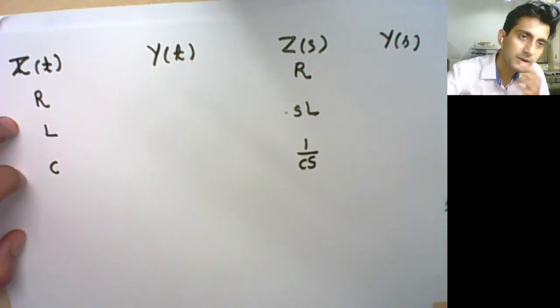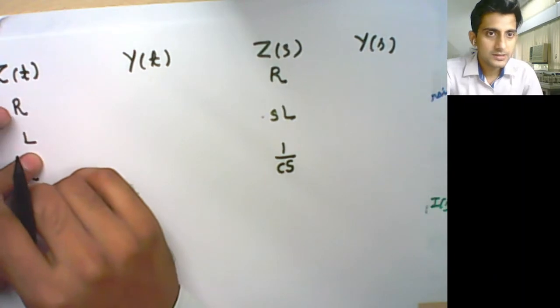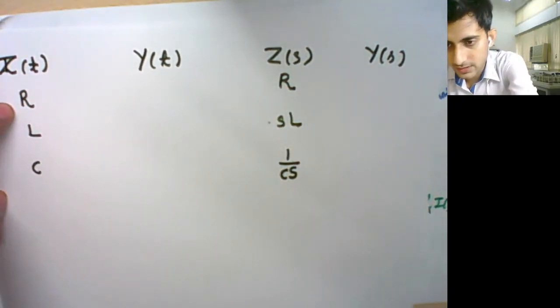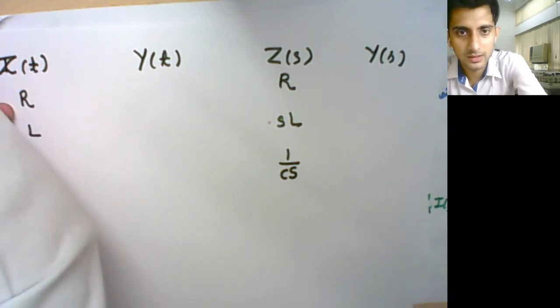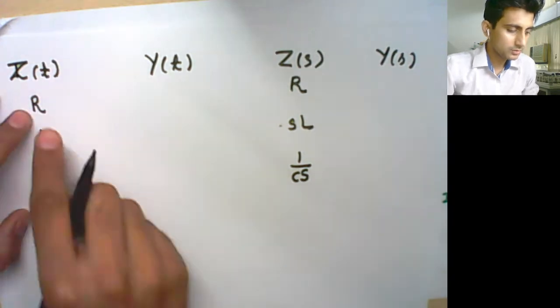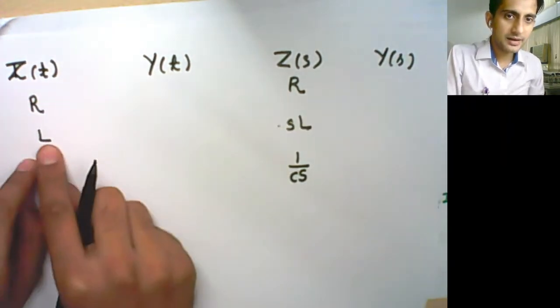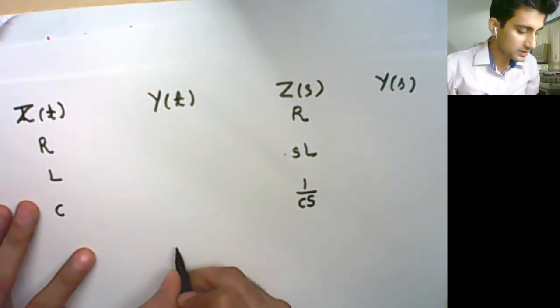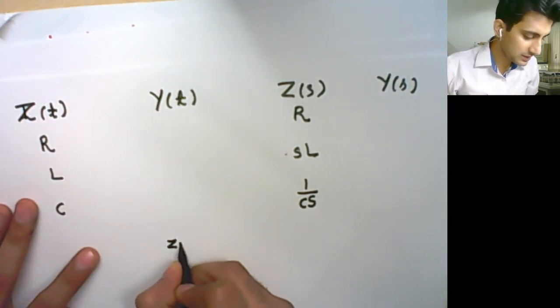Okay? Your C becomes 1 upon Cs. Okay, so this is easy. R remains R, L becomes SL, C becomes 1 upon CS at a particular condition, and that condition is for 0 initial conditions.